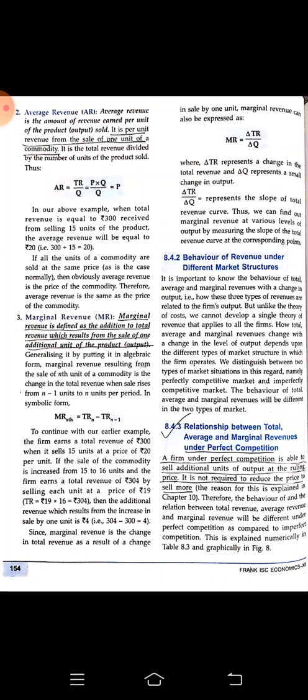In order to sell more, the producers do not need to decrease the price of the commodity. Okay, so in other words, we can say here we are going to find that AR, that means price is equal to AR, and that is going to be equal to MR.